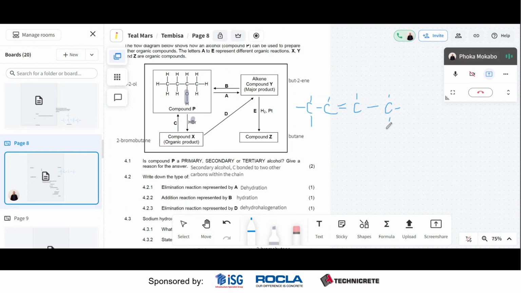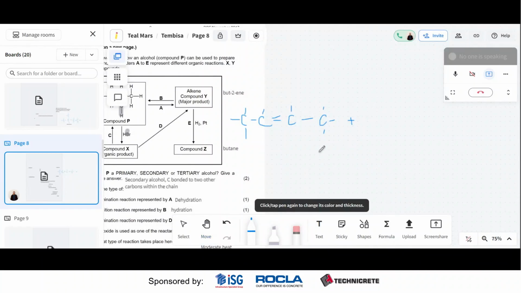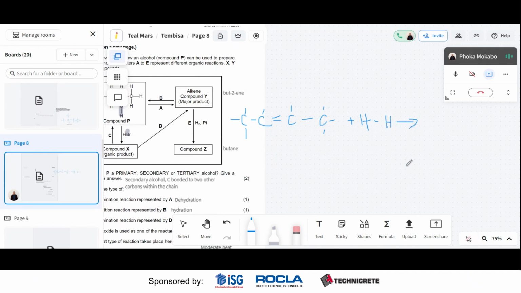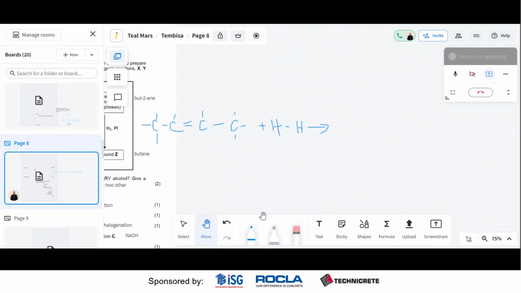Okay, and that would be in reaction to hydrogen. Hydrogen in this case would look something like this. What you'd have as a result is an alkane.